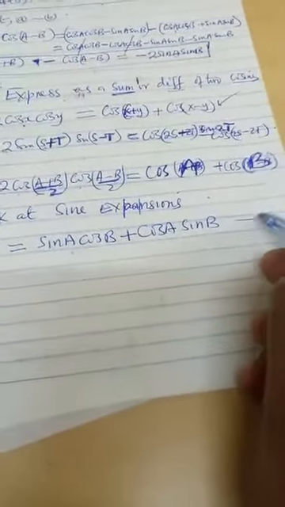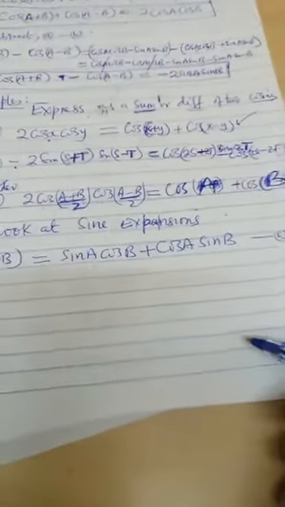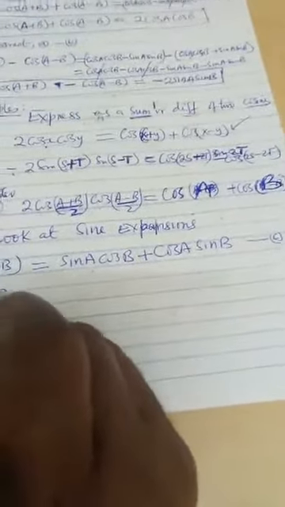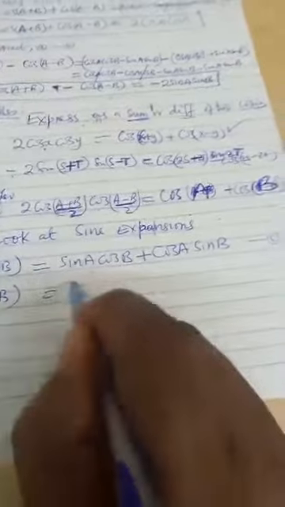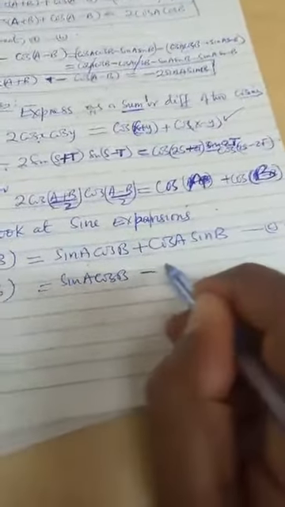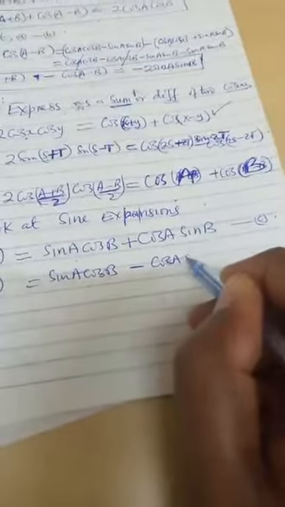You can call this C. And then sine into A minus B is again sine A, cos of B, but this time minus cos A, sine of B.